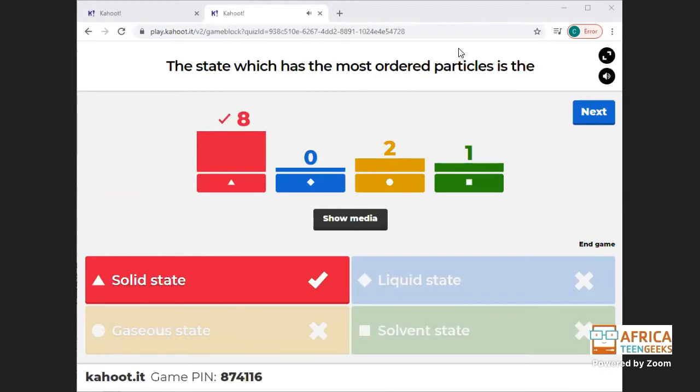All right, so it is the solid state. It's definitely not the gaseous state, because in the gaseous state the particles are all over. They have a lot of energy and they move around. Solvent, definitely not.